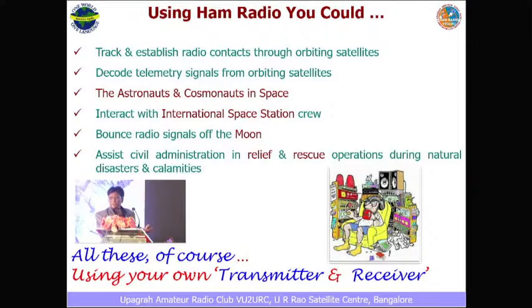And these are all the technologies. So ham radio is not at all just to talk to somebody on the other side of the globe. You can do so many things. And more importantly, when you pick up this hobby at this young age, maybe another 5 years down the lane, I think you will all stand very tall in the area of technology. And you can assist civil administration in relief and rescue operations during natural calamities.